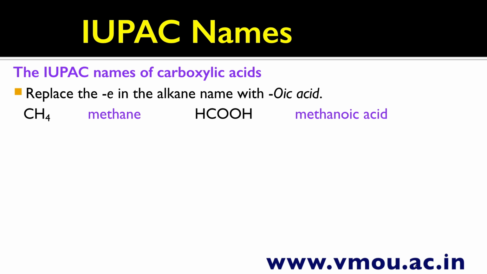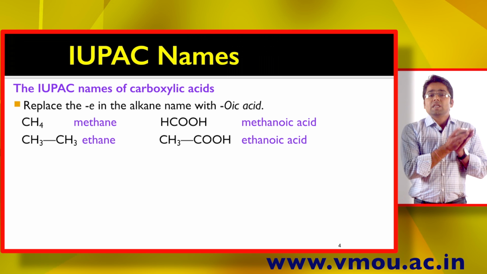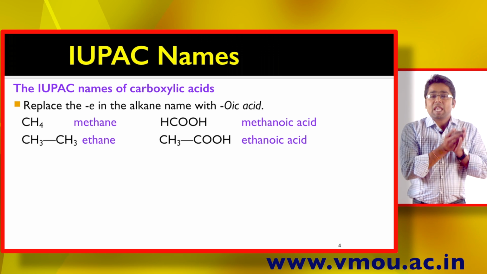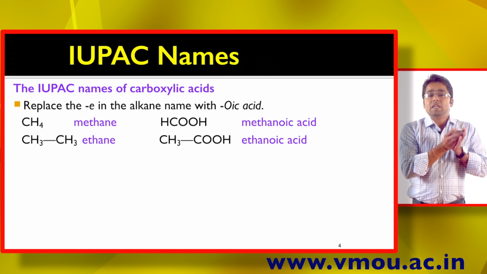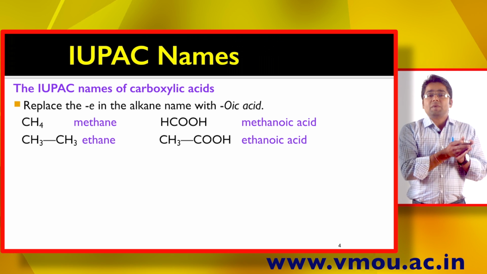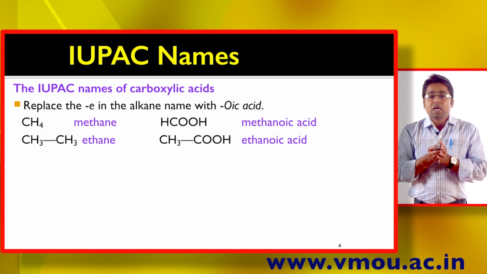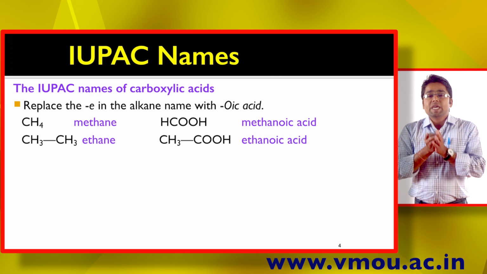In IUPAC nomenclature, the parent is the alkane, and the alkane ends with the letter E, and this E is replaced by oic acid.